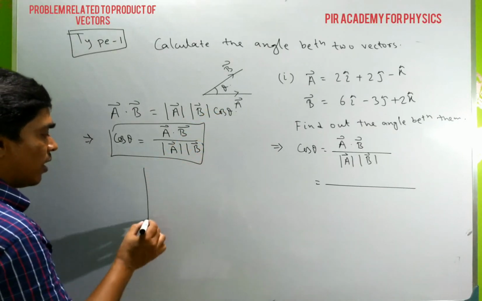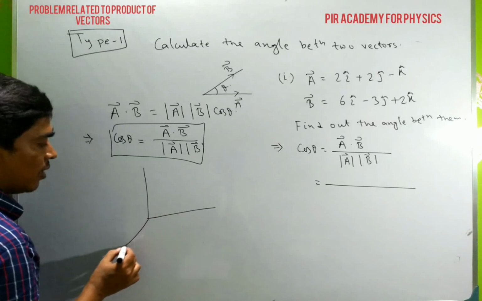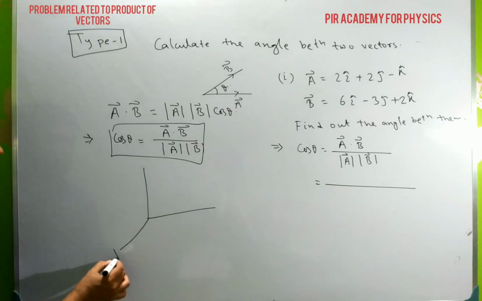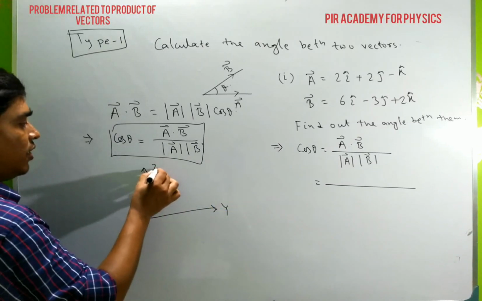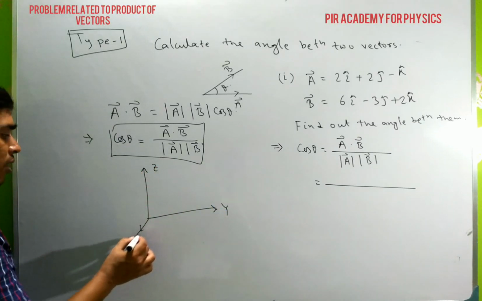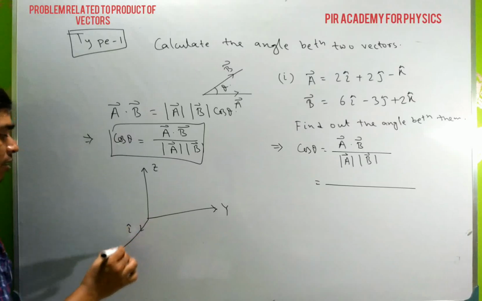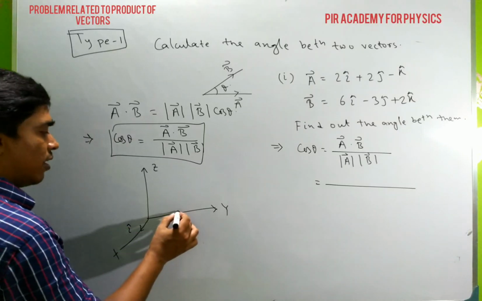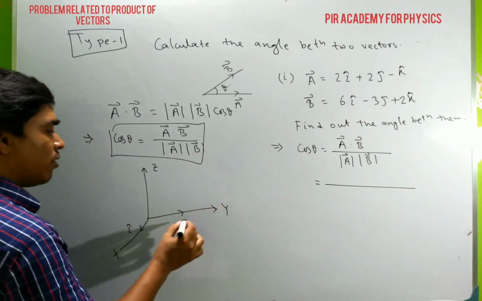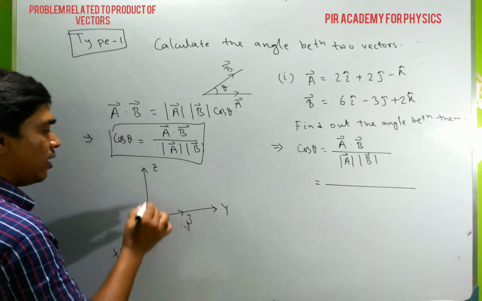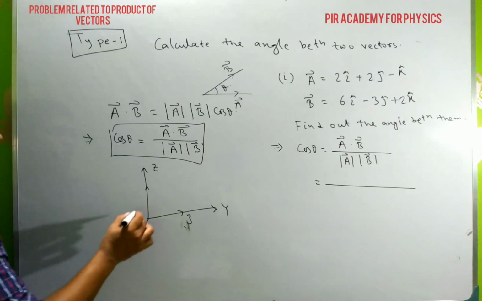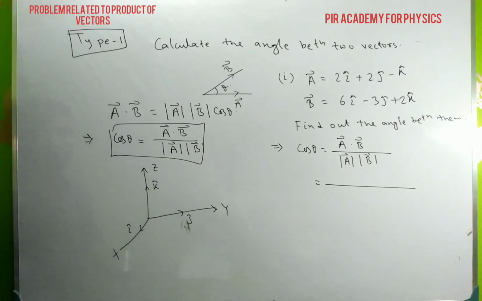Here, what is i, what is j and what is k cap? This is the x-axis, this is the y-axis and this is the z-axis. The unit vector along the x-axis is called i cap. The unit vector along the y direction is j cap, and the unit vector along the z-axis is k cap.